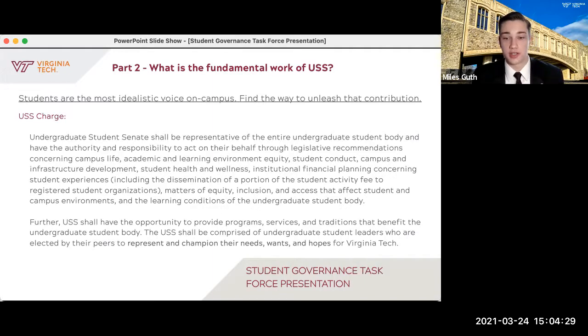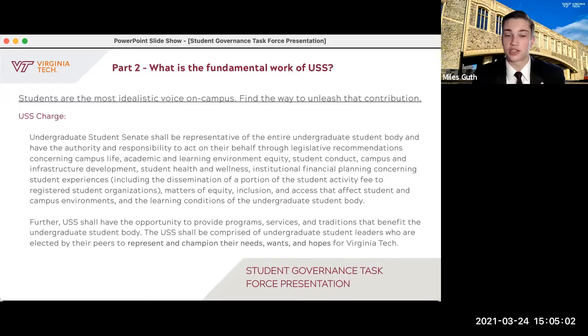The Undergraduate Student Senate shall be representative of the entire undergraduate student body and have the authority and responsibility to act on their behalf through legislative recommendations concerning campus life, academic policies and regulations, student conduct, campus and infrastructure development, student health and wellness, institutional financial planning and stewardship, matters of equity, inclusion, and access that affect student and campus environments, and the learning conditions of the undergraduate student body.